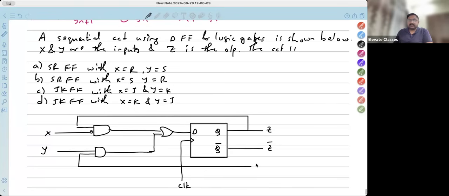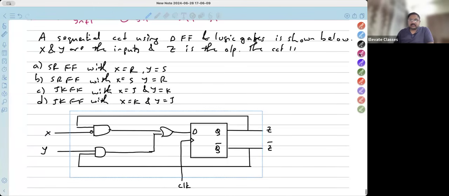We have seen some PYQs of this type also. All this requires is a good understanding of characteristic equations. What they are saying is this whole thing is enclosed in a box. ये पूरा का पूरा एक बक्से में बंद है. Now they want you to know what this flip-flop is: 2 inputs, 2 outputs. This is the box and they want you to know what the flip-flop is.